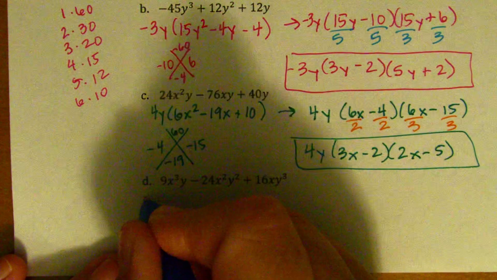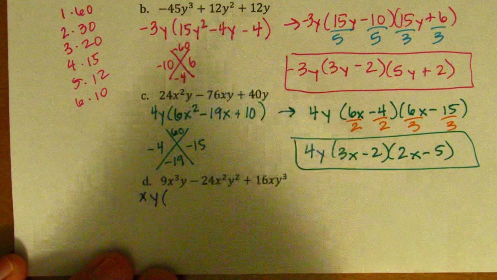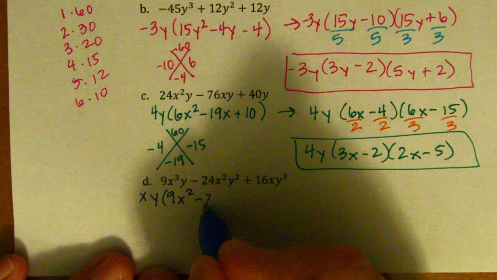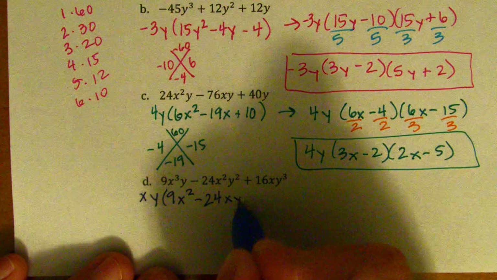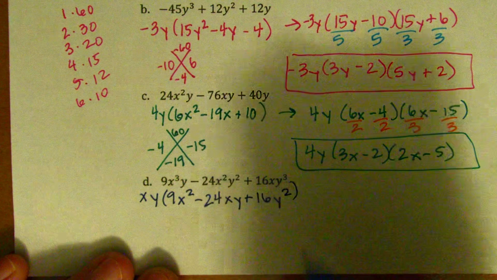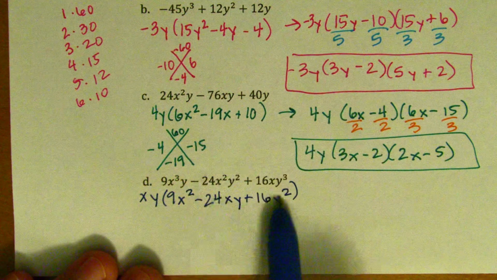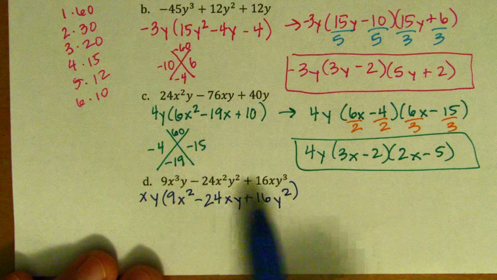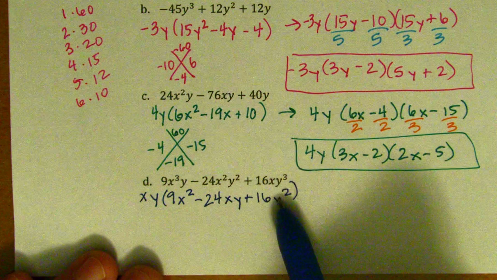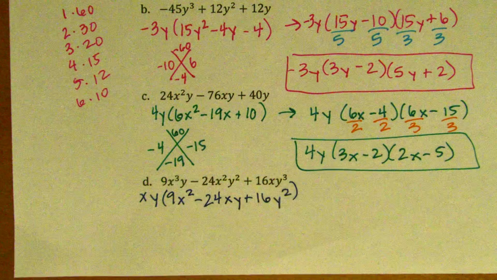I can pull out xy. And I'm left with 9x squared minus 24xy plus 16y squared. You'll notice that going this way, I have x squared, x, no x. Going the opposite direction, we have y squared, y, no y.